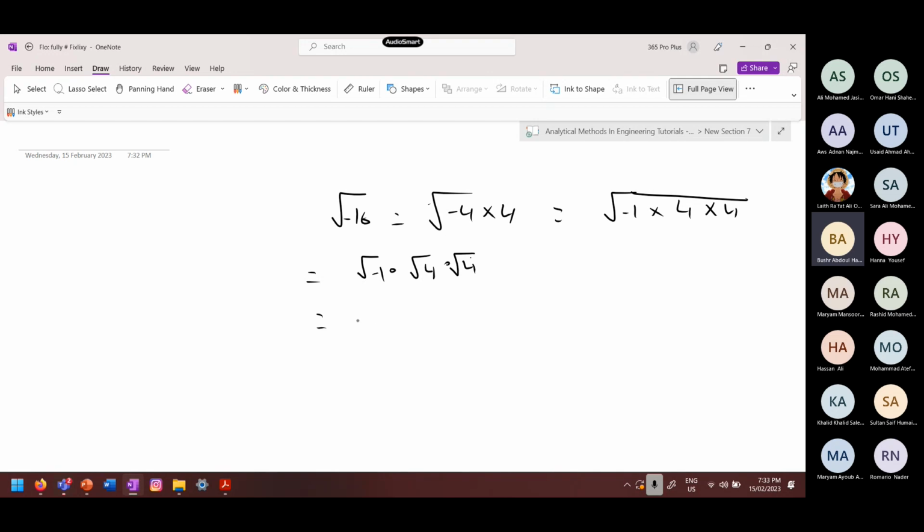Square root of negative 1 is equal to what? What do you think it is? Guys, it's i. Times 2 times 2, which is 4i. Just by looking at this, you can find that it's 4i without using this whole solution.